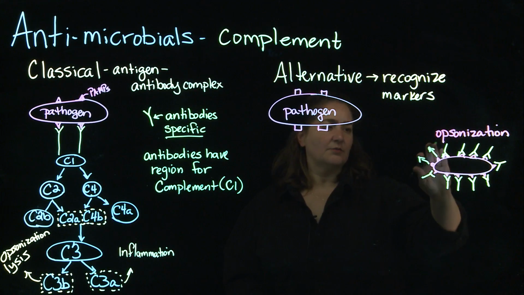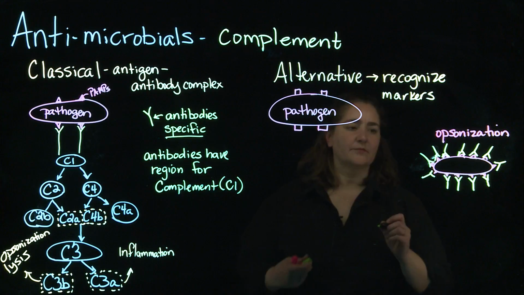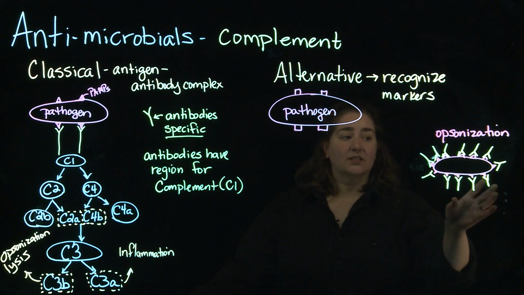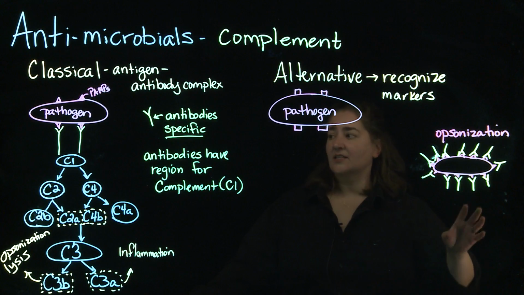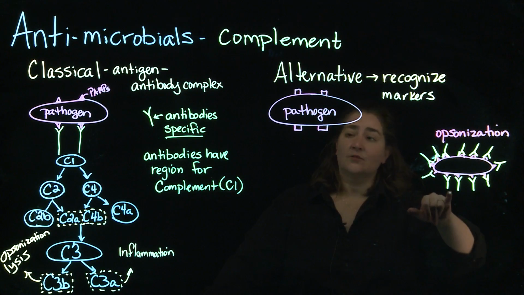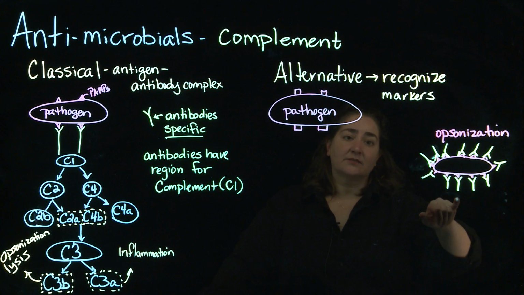Oops, I drew my Y's wrong there, didn't I? We can fix that. So in terms of that process of opsonization, it tags the bacteria and can essentially activate this complement cascade with C1 binding to the antibodies.